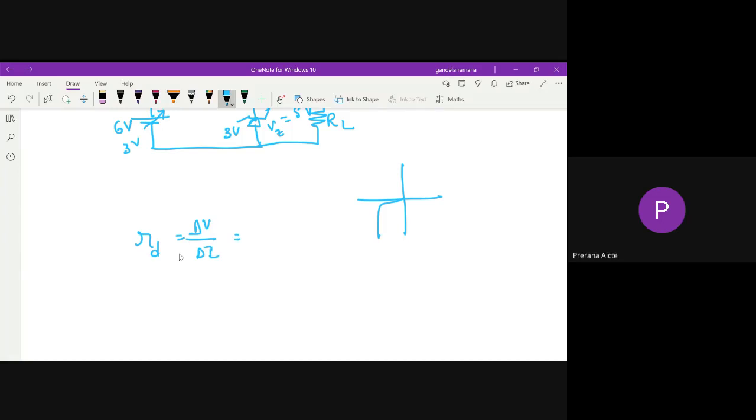Here the change in voltage is very small, so 0.1 by 10 nanoamperes, so 0.01. So small. So in a Zener diode in reverse bias, the dynamic resistance value is low. In an ordinary diode, it is a high value.